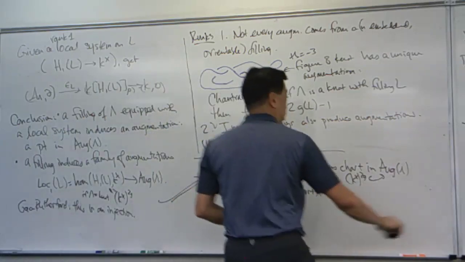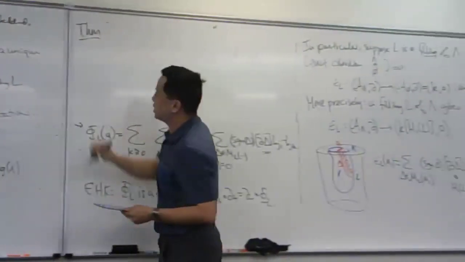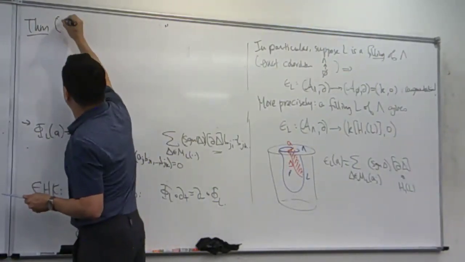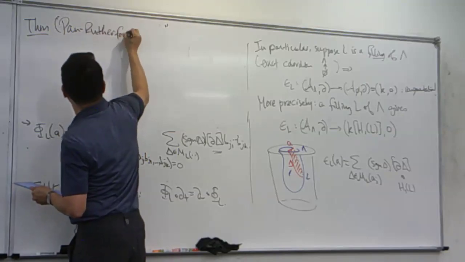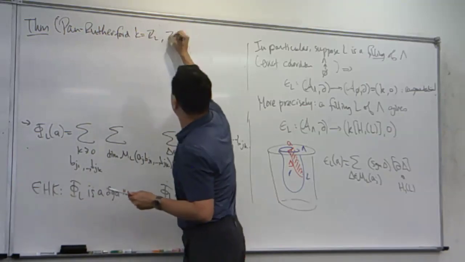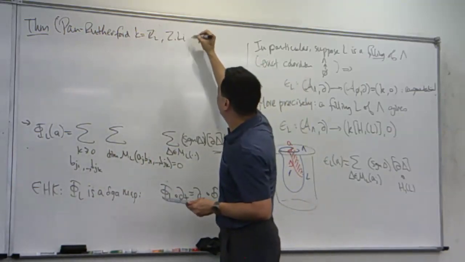And so I want to advertise the results. It's not super surprising in the context of the other things that we've seen in this workshop, but that's the result. This is originally due to Pan and Rutherford for k is 2, and this is the result of Lee there for arbitrary k in general.